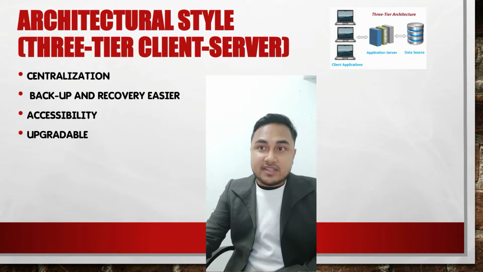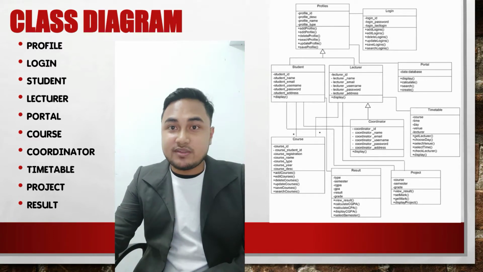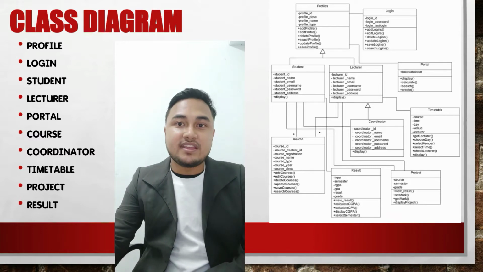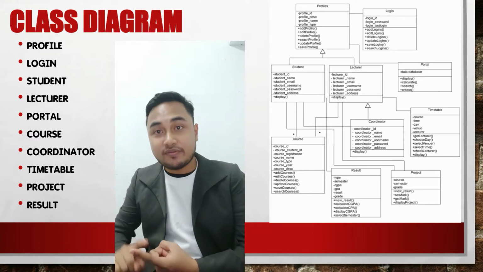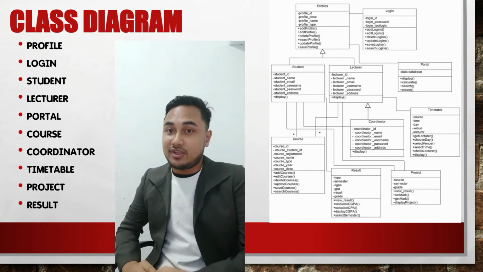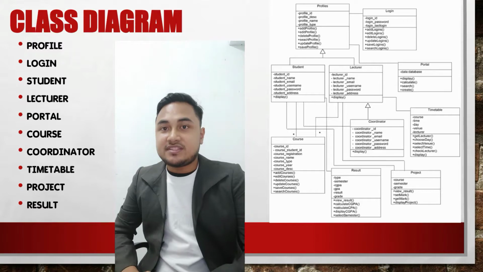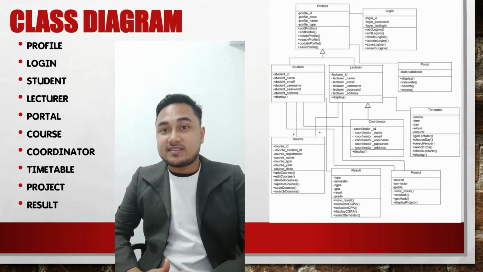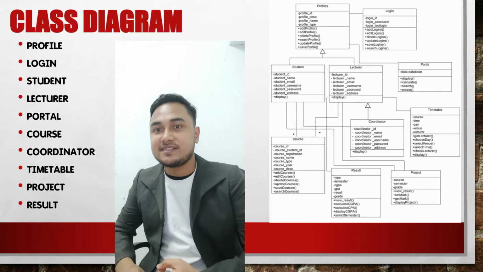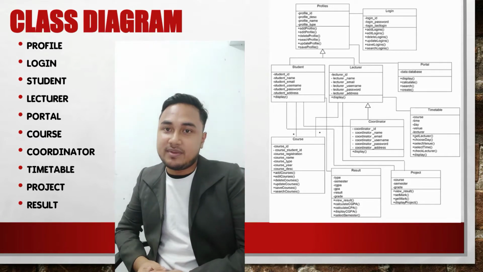So the next one is the class diagram. We have 1, 2, 3, 4, 5, 6, 7, 8, 9, 10 classes, which are profile, and for each profile, login, because we want to log into the web page. The student entity, the lecturer entity, and of course the portal, which stores all the elements.